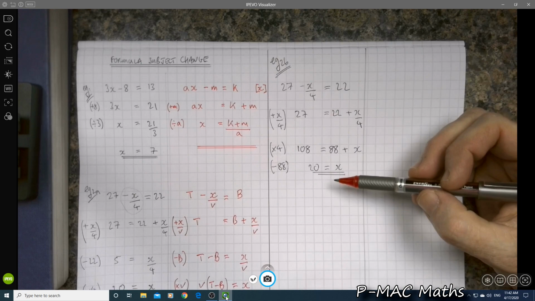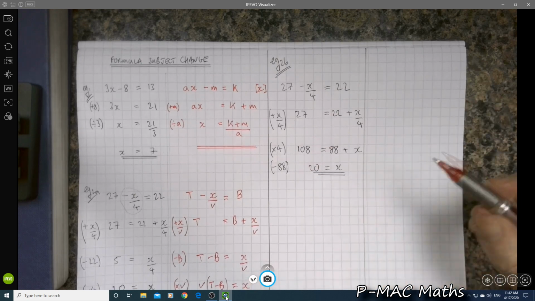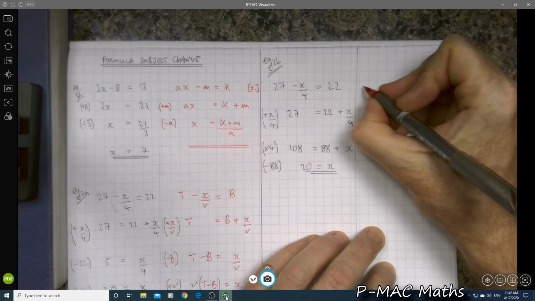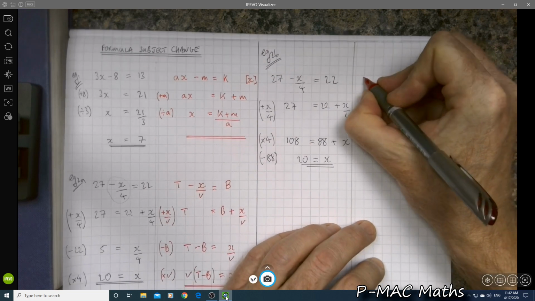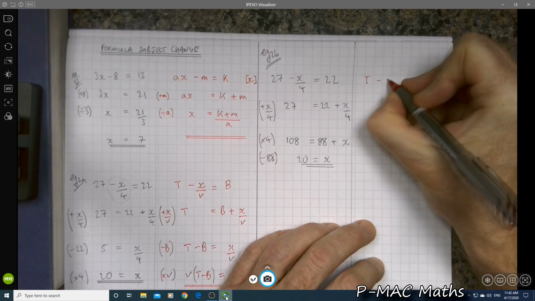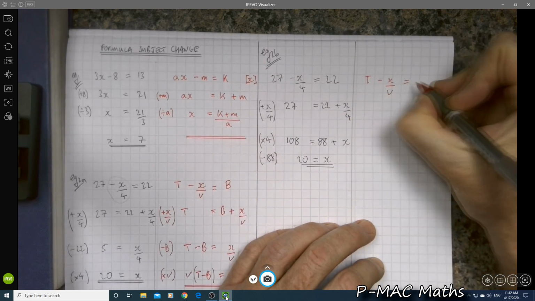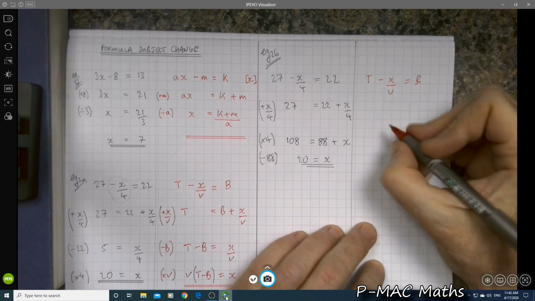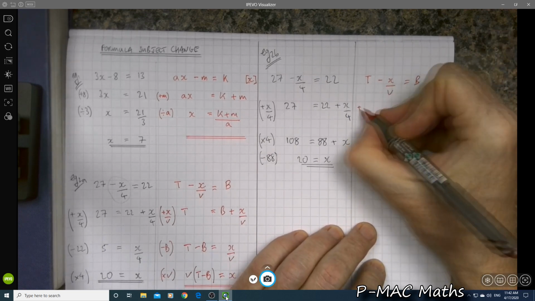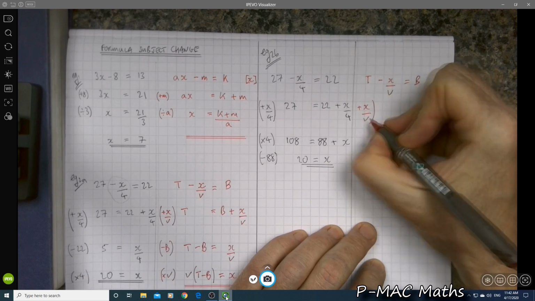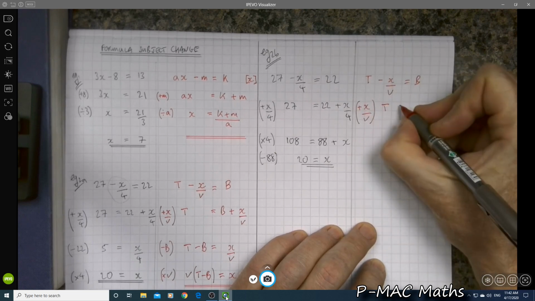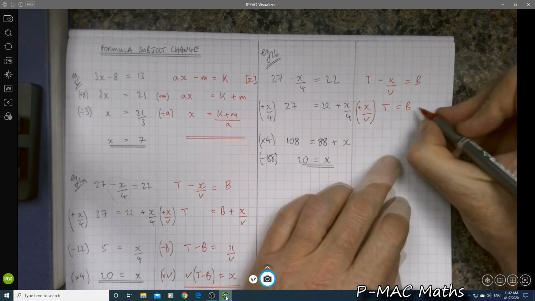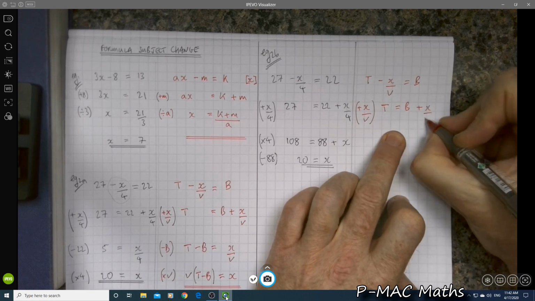And let's just look at how that slight change of approach would be reflected in solving the formula rearranging bit. Same equation. Same first move. So t equals b plus x over v.